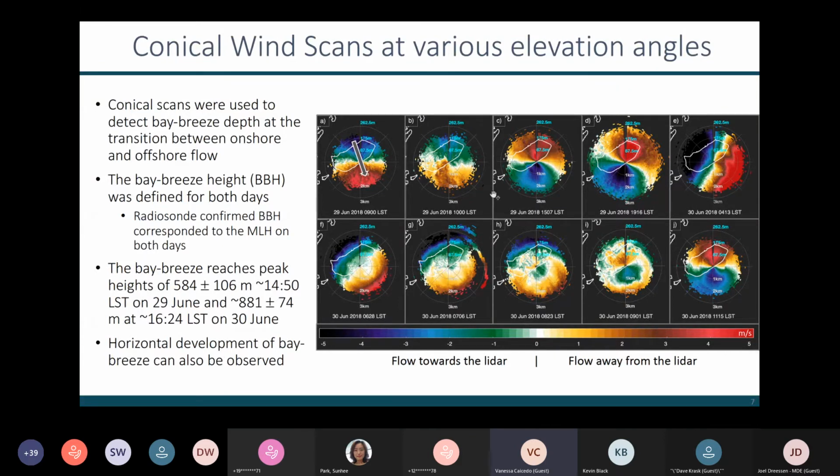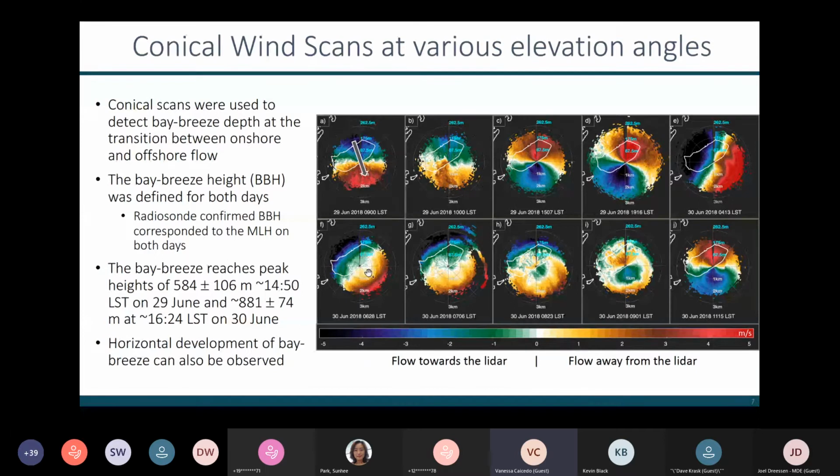So you'll see here a progression of those scans. These are not all the ones we have, but just a selection, showing the change from offshore flow coming from the northwest and eventually coming from the southerly direction, and the same thing for June 30th. We're also able to see a little bit of the horizontal development, especially on the 30th, where it was a much lower and more gradual development of the Bay Breeze.